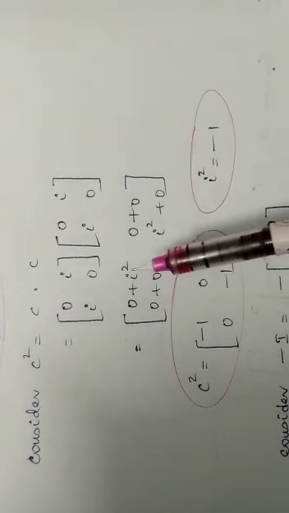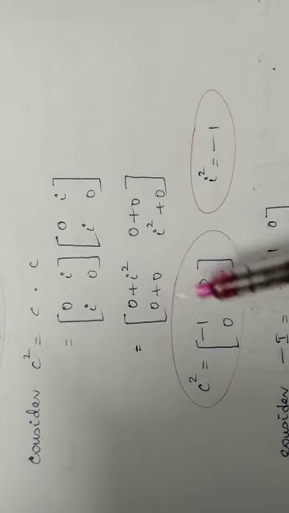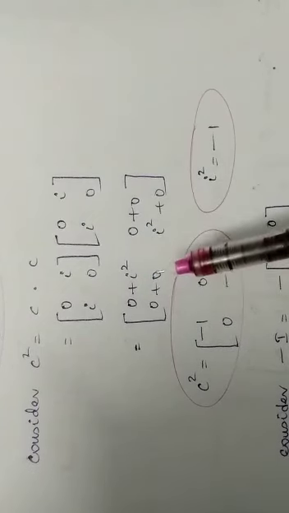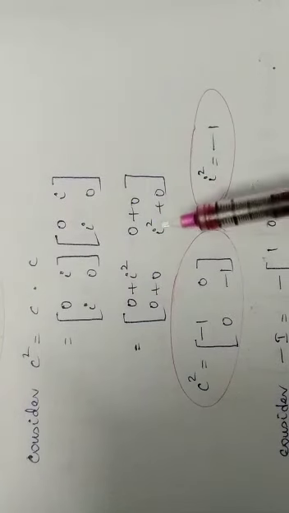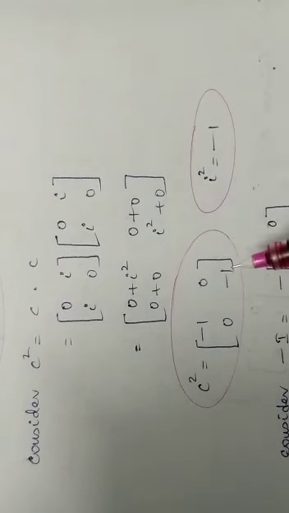I square equal to minus 1. So 0 minus 1, minus 1, plus 0, here also 0, this is also 0, plus I square, means minus 1 plus 0, that is minus 1.